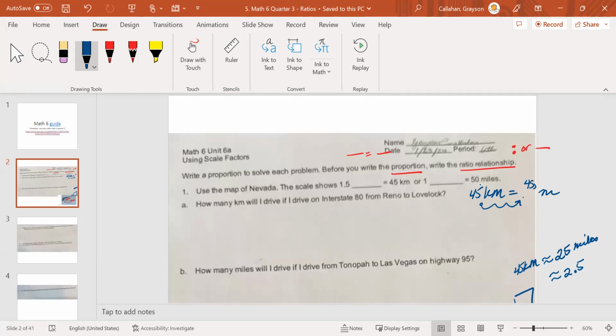So it's 45,000. I could say 1 kilometer is approximately 50 miles. So 45 kilometers equals, I don't really understand this part right here. So I'm going to put a question mark right here. Okay.